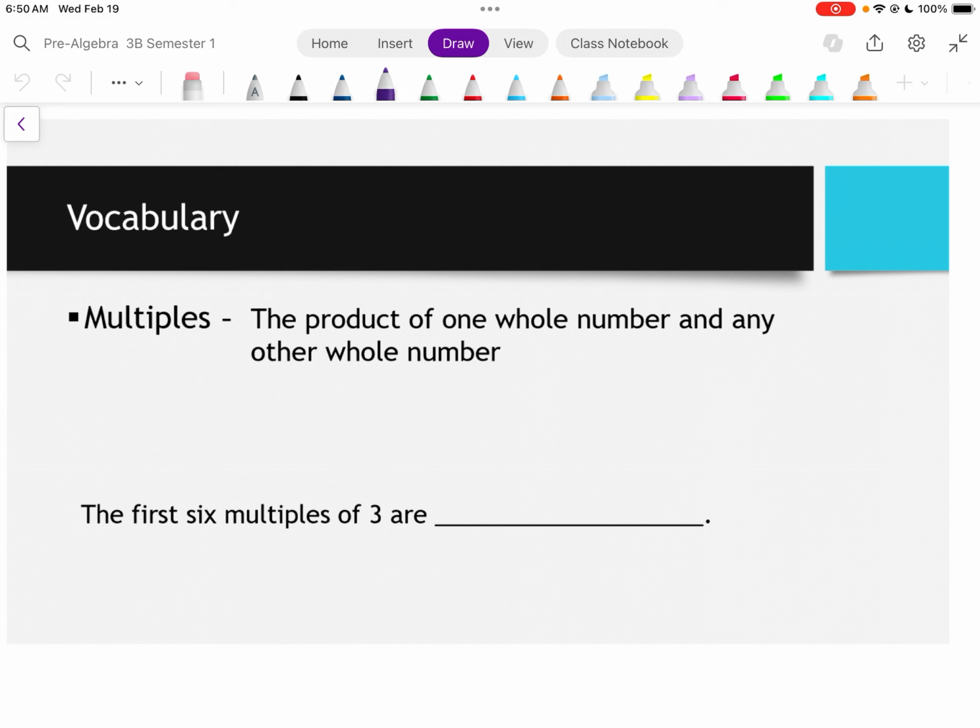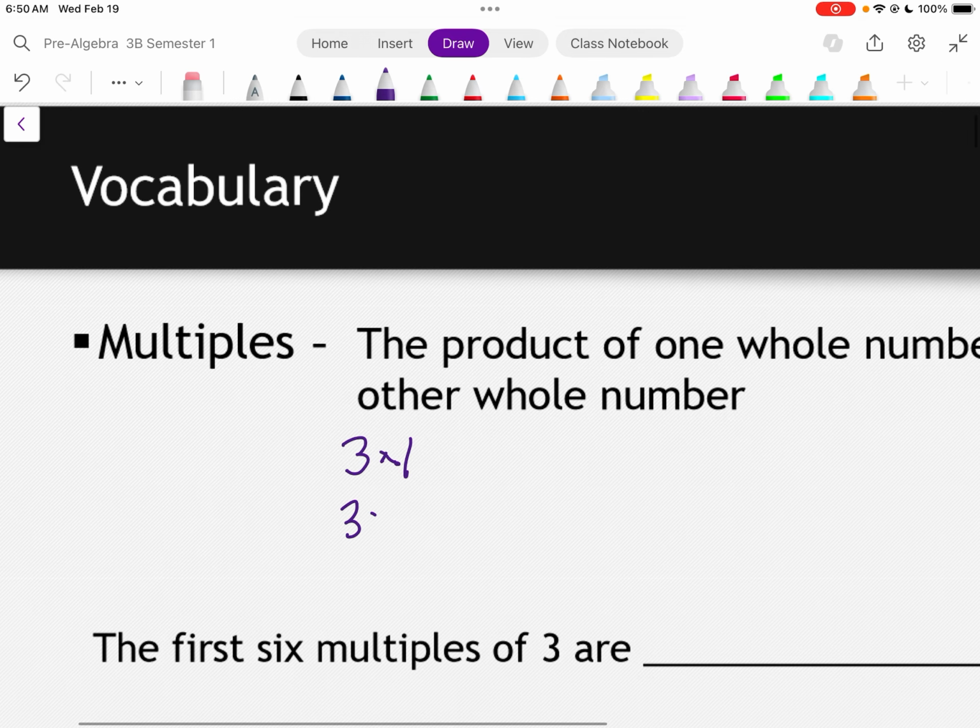The first 6 multiples of 3 are, so to find those, we are going to take 3 times 1, 3 times 2, 3 times 3, 3 times 4, 3 times 5, and 3 times 6. That is going to give us the first 6 multiples of 3.